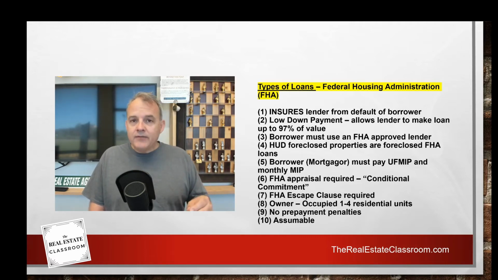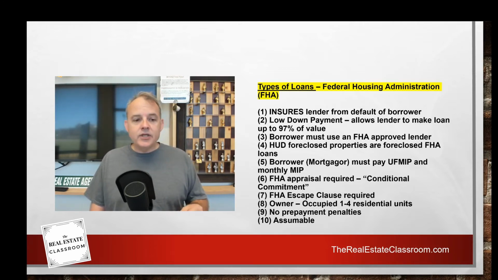The good thing about an FHA loan is FHA loans were developed and created back in the 1930s, part of President Roosevelt's The New Deal. Prior to FHA loans, typically the banks required 25% down payment, which was really unachievable by most borrowers even today.